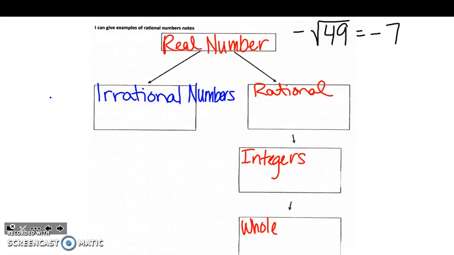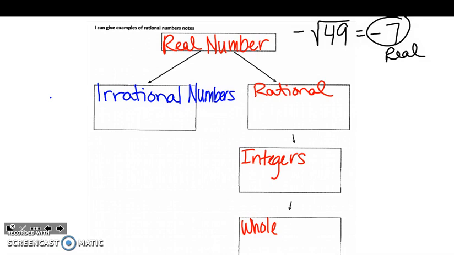I always need to see the answer that you get when you type that into your calculator. So negative 7. So really what we're looking at is where does negative 7 fall into these categories? Well, it's not going to be irrational because it stopped. It's not one of those decimals and one of those weird numbers that go on forever and ever. So we know it's going to be somewhere on the rational side. All numbers are real, so I'm going to go ahead and write that down.